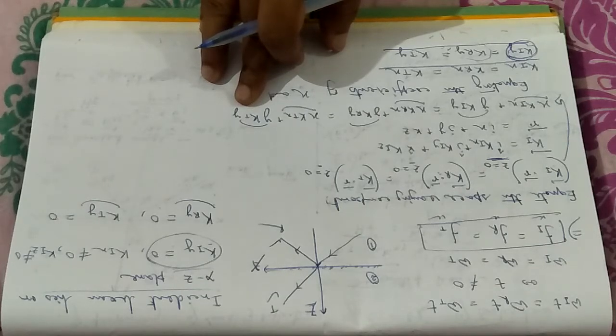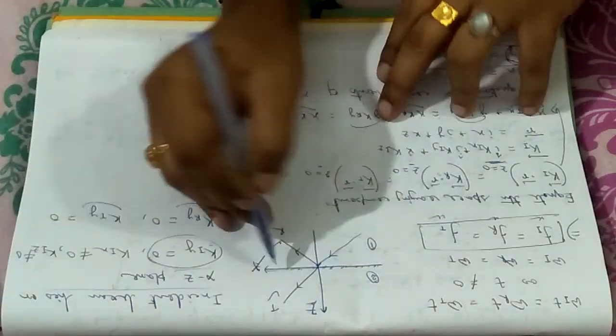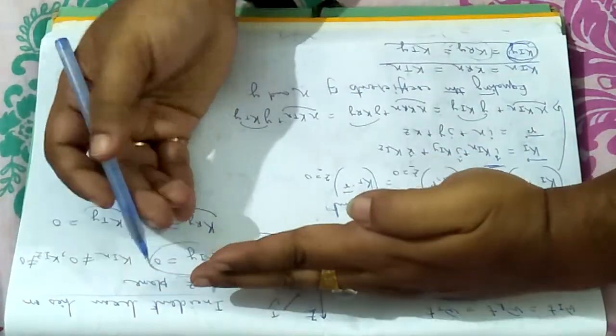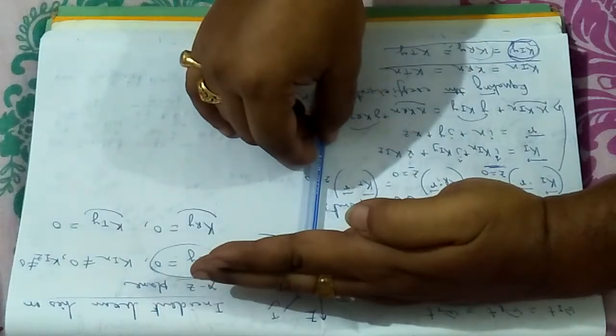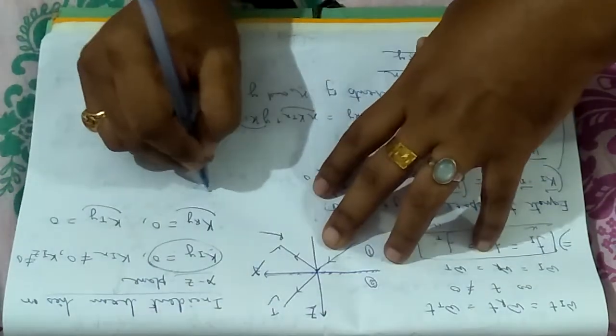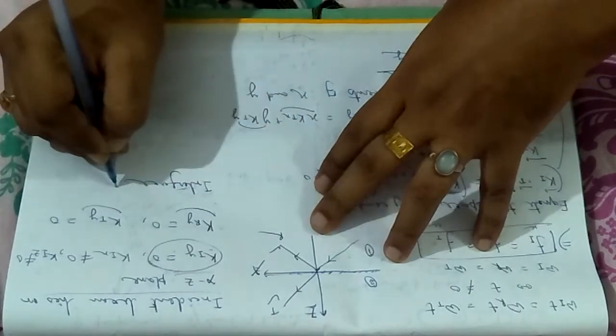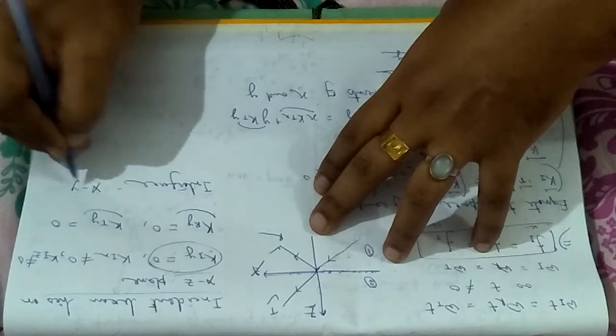Again, the normal drawn on the interface will lie in the xz plane. Try to understand. This is the interface. The interface will look like that. If I draw any normal, what will be the plane of the interface? We can call the plane of the interface the xy plane.